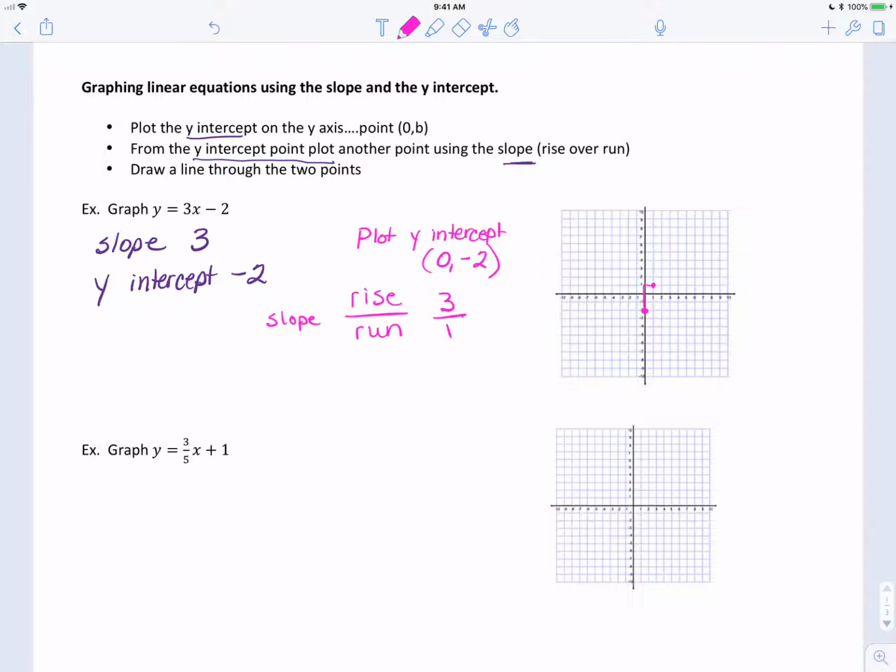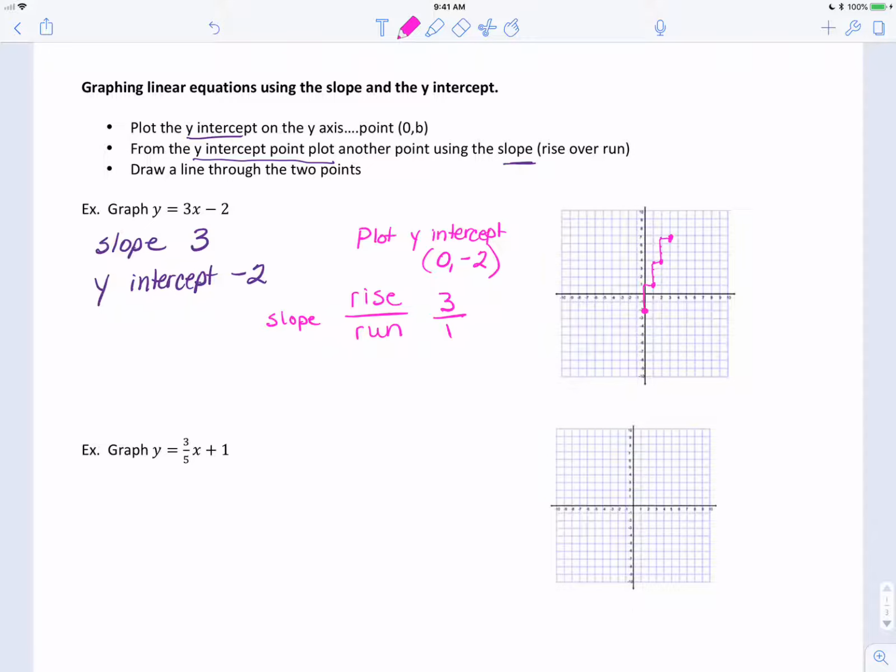We can keep doing that because the slope continues throughout the whole line. 1, 2, 3 over 1. 1, 2, 3 over 1. You see how we've made a nice, even stair step all the way up.